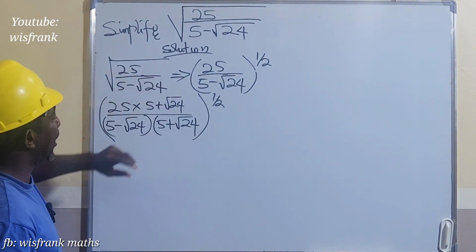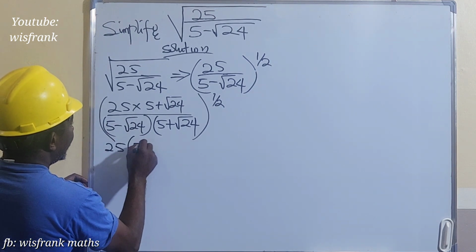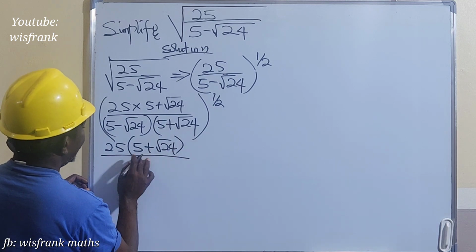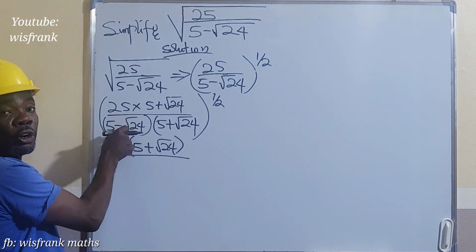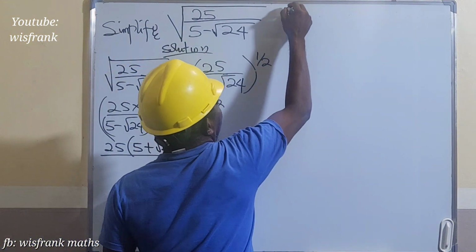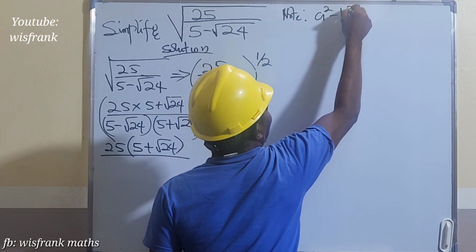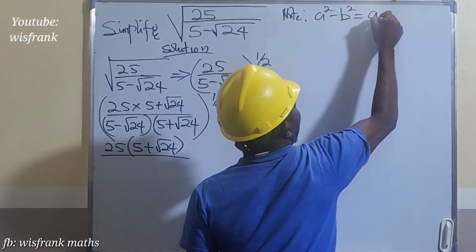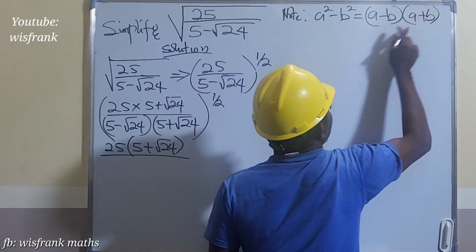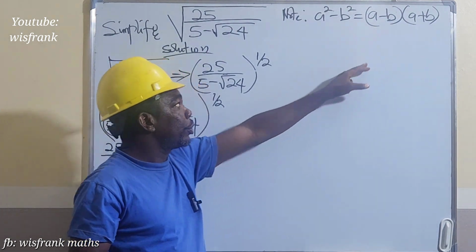So multiplying this out will give us 25 into 5 plus square root of 24 all over, and in the denominator we have a difference of two squares. We recall that a to the power of 2 minus b to the power of 2 is the same thing as a minus b all into a plus b. So this is what we have when we have a difference of two squares.